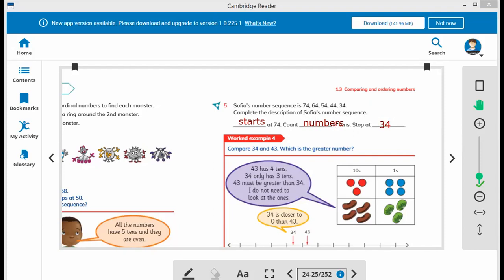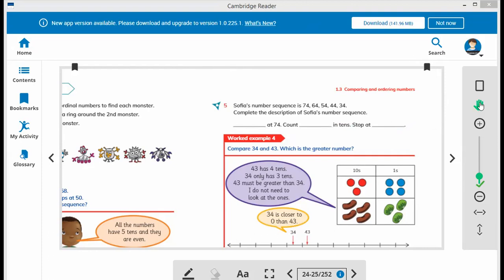Count numbers in back. Okay, she starts at 74 and she counts backwards in tens. So we can say counts backwards in tens and stops at 34. Okay, that is it. Let's go to the next question.